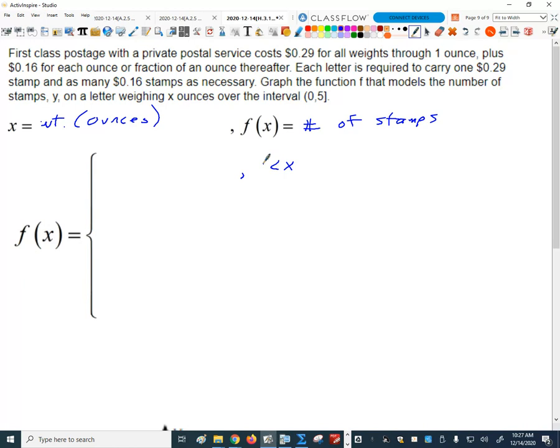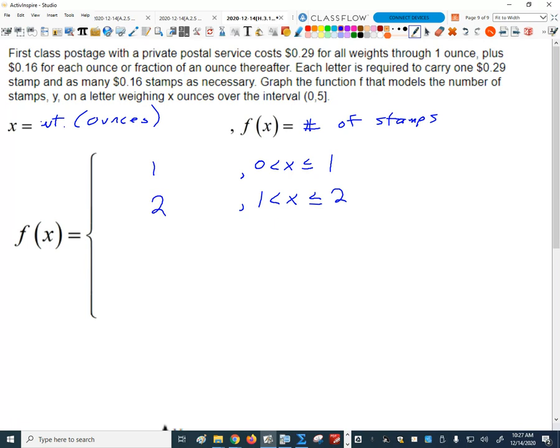When x is greater than 0 and less than or equal to 1, the number of stamps is 1, right? When x is greater than 1 and less than or equal to 2, the number of stamps is 2.